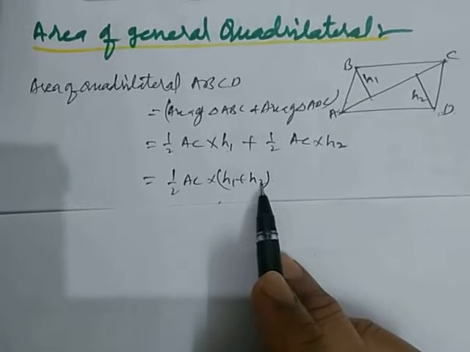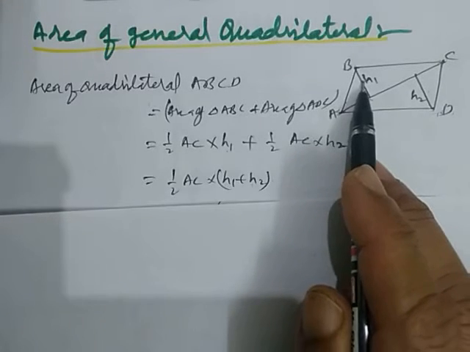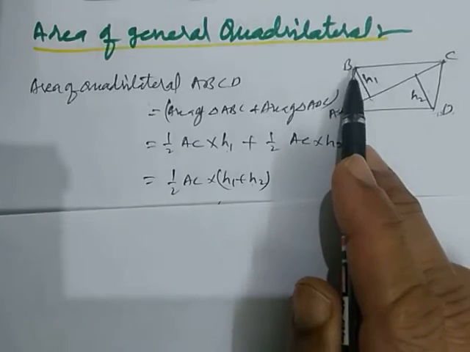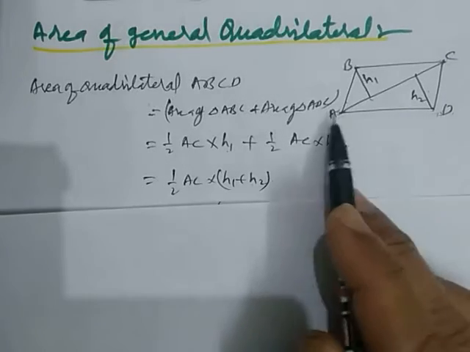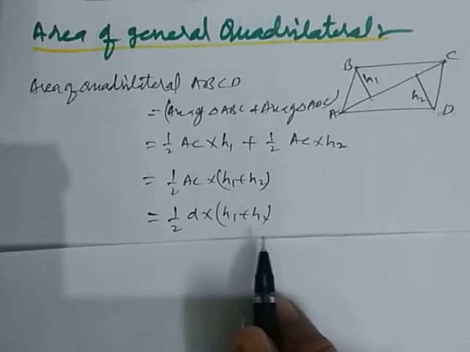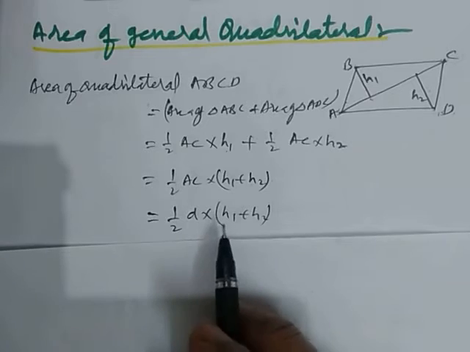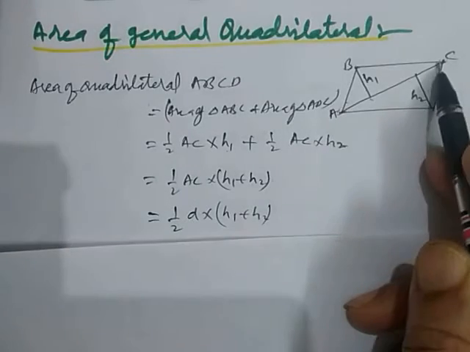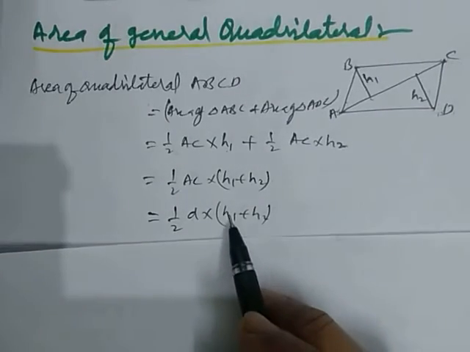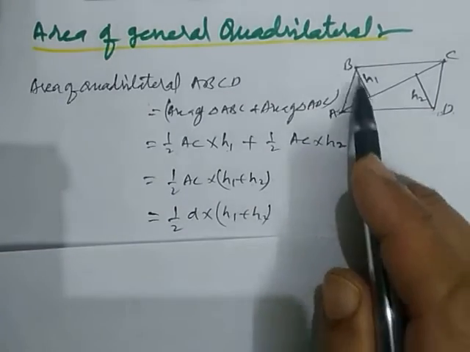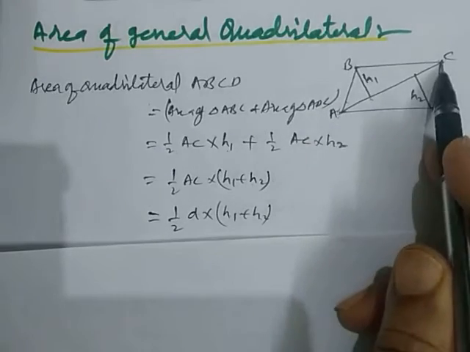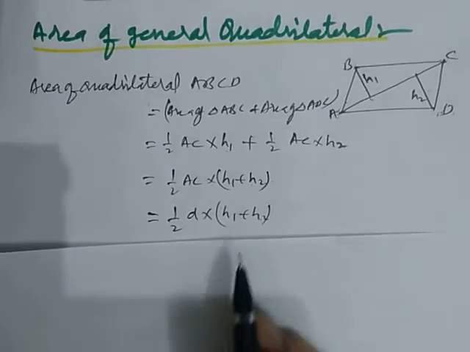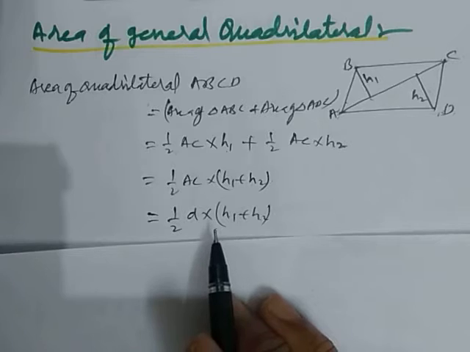And what are this h1 and h2? The heights of the vertices from this diagonal. So this way we can calculate the area of quadrilaterals. This is the diagonal AC, and these h1 and h2 are the heights from this diagonal to these vertices.